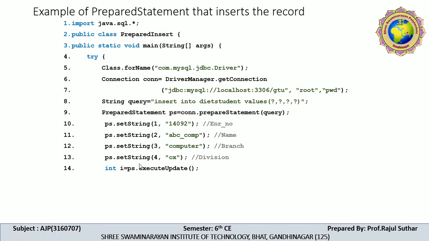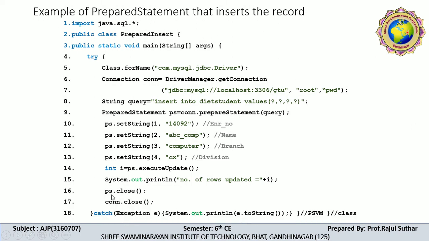Then int i = ps.executeUpdate(); System.out.println number of rows updated. Here we require the value of rows, so i from ps.executeUpdate is a counter that represents the number of rows updated.